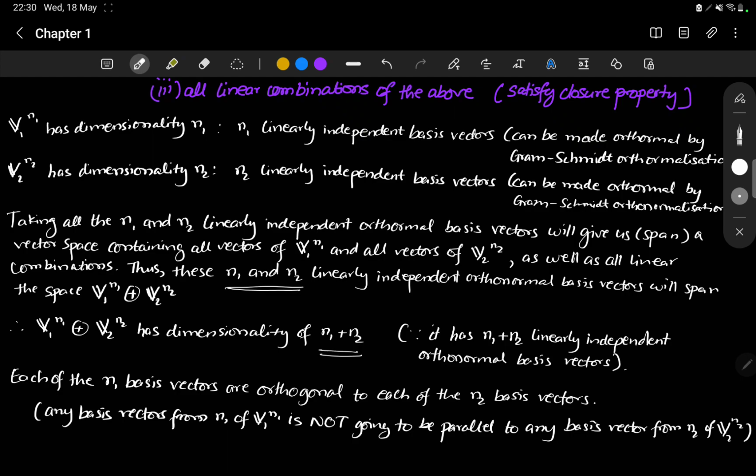Otherwise, if one of them is parallel to the other, then we will have less number of basis vectors in the vector sum, so then the dimensionality will be less than N1 plus N2. So the orthogonality is very much essential. This orthogonality ensures that we get the dimensionality of N1 plus N2.